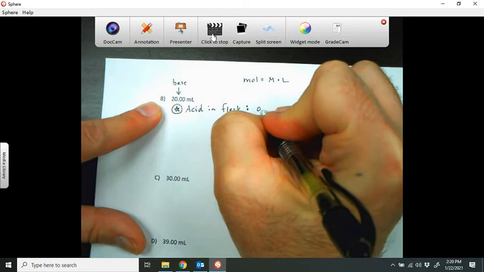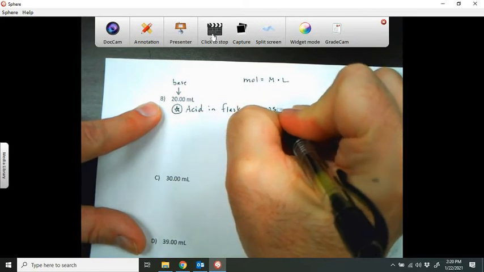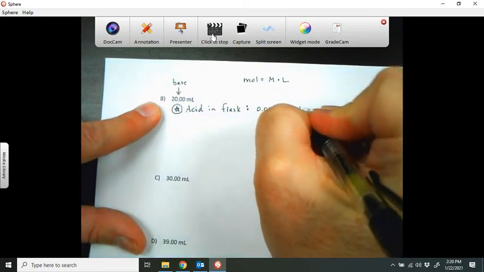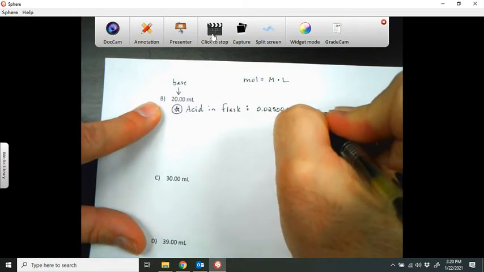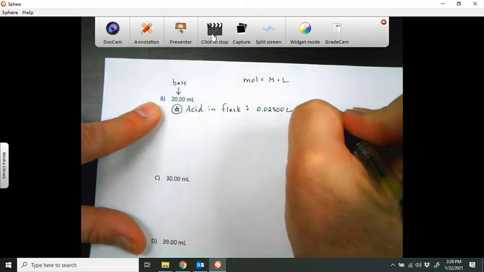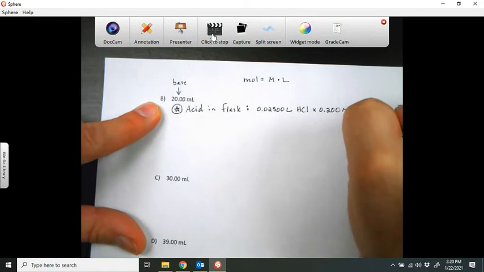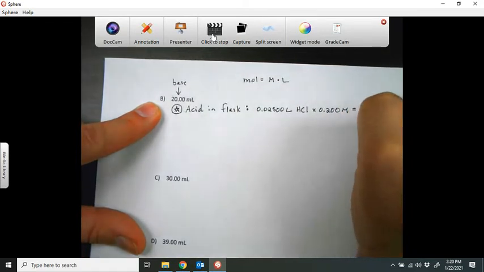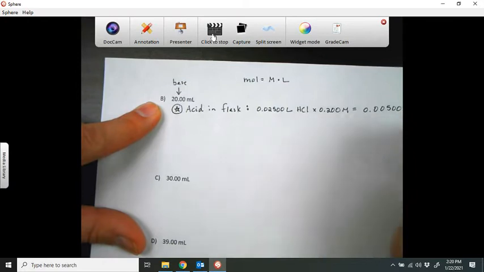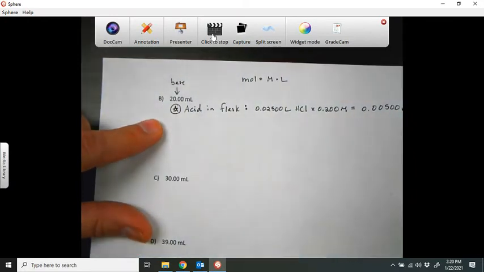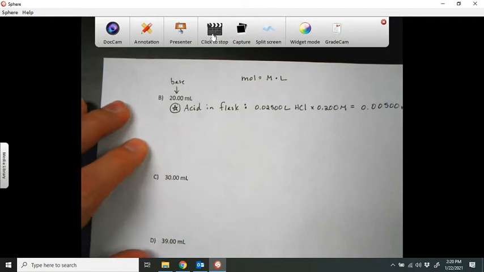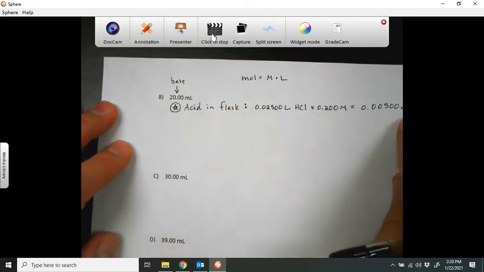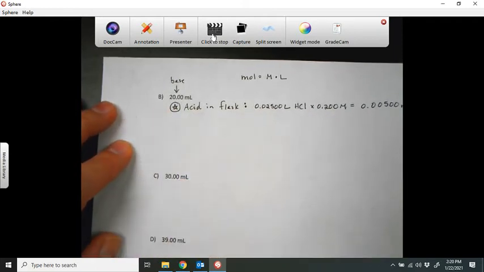That is 0.02500 liters of HCl times its molarity, which gives us 0.00500 moles of H3O plus, or H plus, either one works. That is going to be what we use for each one of the subsequent values.